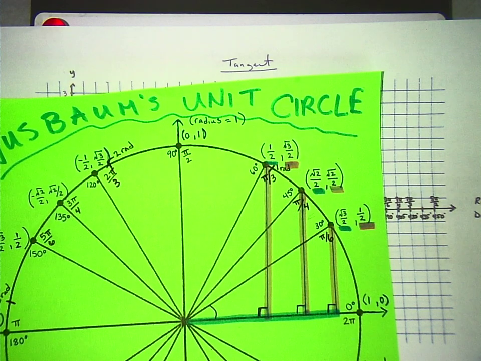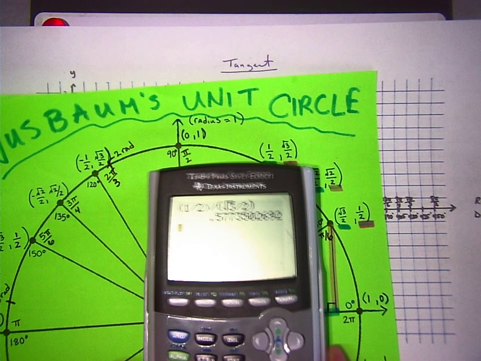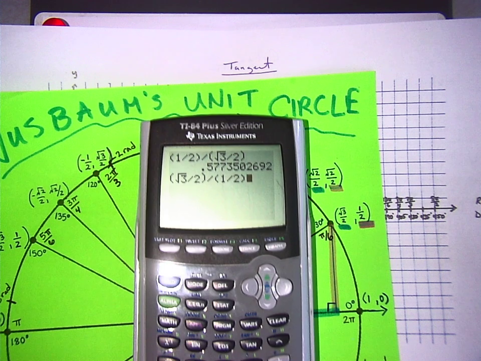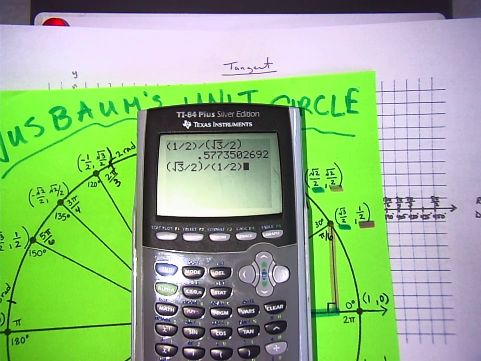This time you're going to take the square root of 3 over 2, divided by 1/2. It's almost the exact same thing as last time, except they are switched. I got about 1.7.